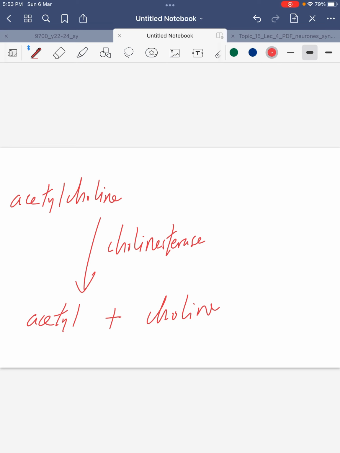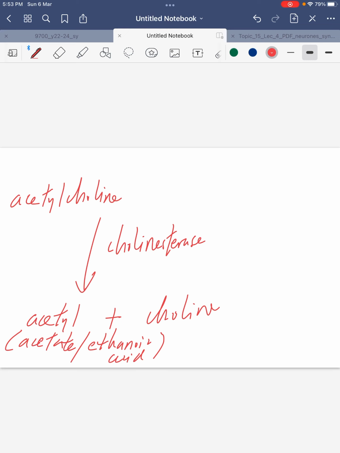Now this acetyl has many names. It's also called acetate. It's also called ethanoic acid. Acetyl or acetate or ethanoic acid.